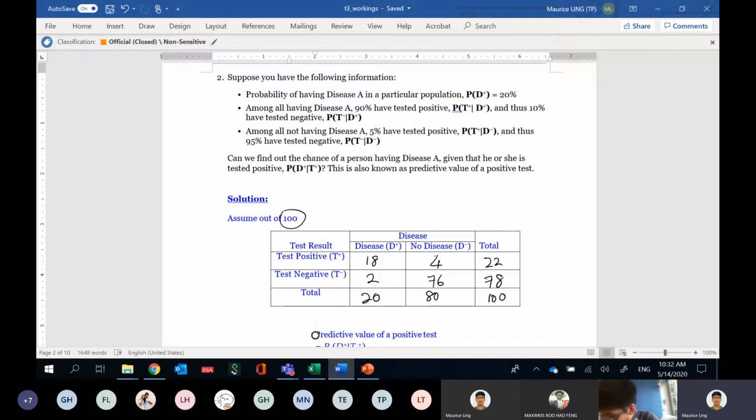5% positive. No, this is 5. And then this is 75. So 23. Let me just erase it. 4 or 5%.